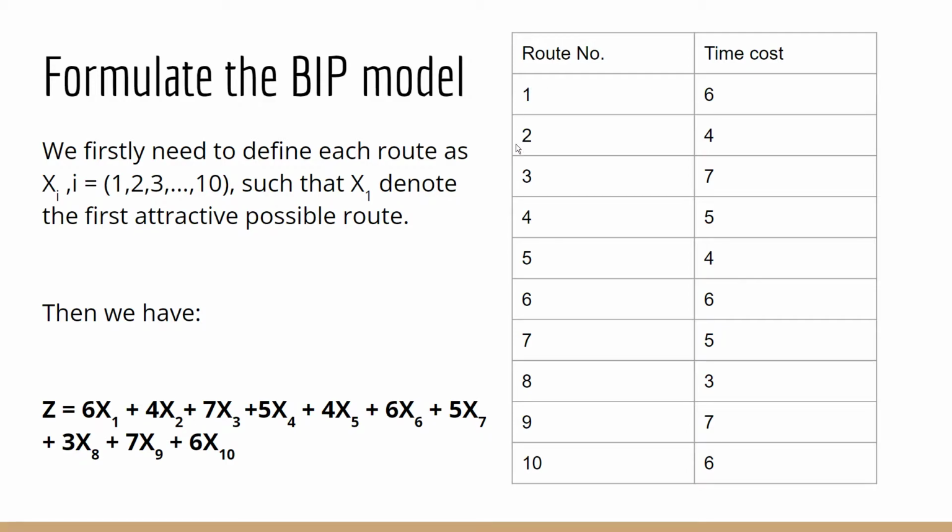If we pick route one and route two, x1 will be 1 and x2 will be 1 as well, so the total time cost will be 1 times 6 plus 1 times 4, which is 10 hours. So the total time cost z will be 6x1 plus 4x2 plus 7x3 until 6x10.